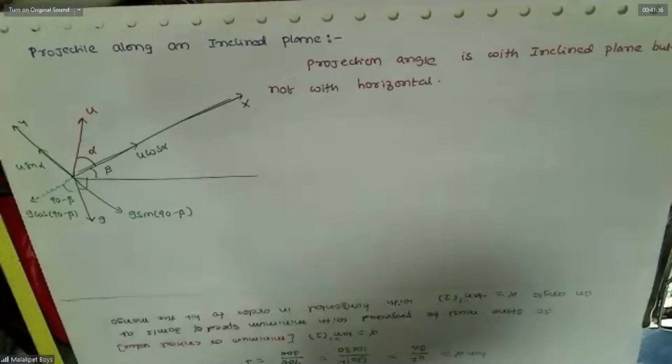What is uy? u sin alpha. What is ay? Minus g sin of 90 minus beta. This is minus g cos beta. Any doubt till here? Sure, sir.